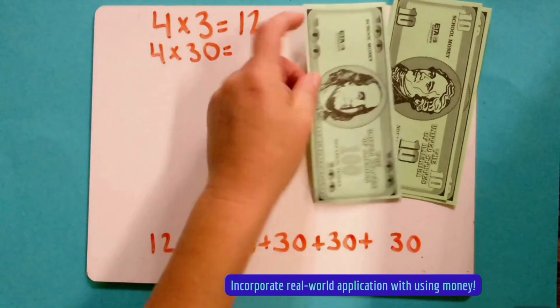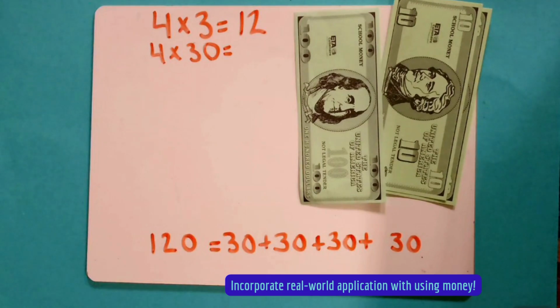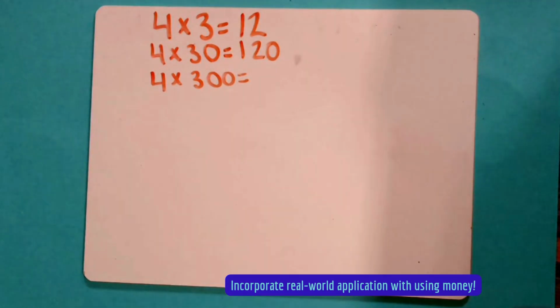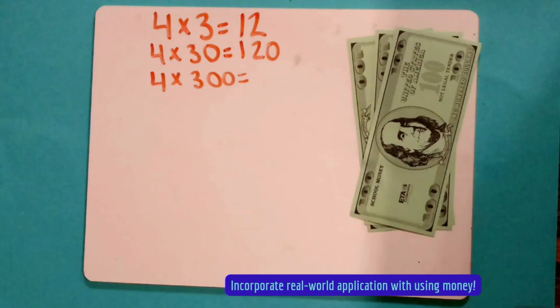Next, using the $10 bills, students would model 4 groups and again use their skip counting strategies and repeated addition.